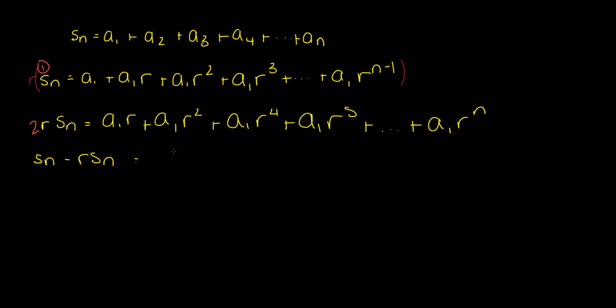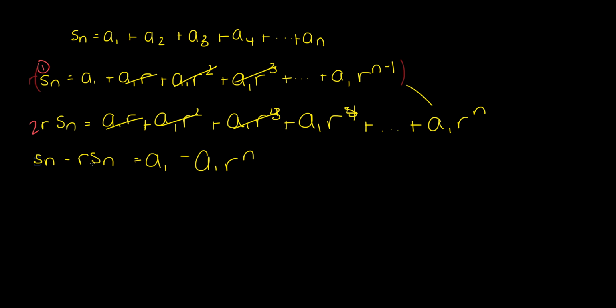And what I get here is essentially A1 minus R of A1. So this guy right here will cancel out this guy right here. This one right here will cancel out that one. This is a 3 and 4. We'll cancel out that one, and so on and so forth. And what we are left with is A1 minus the last term, A1R to the n.